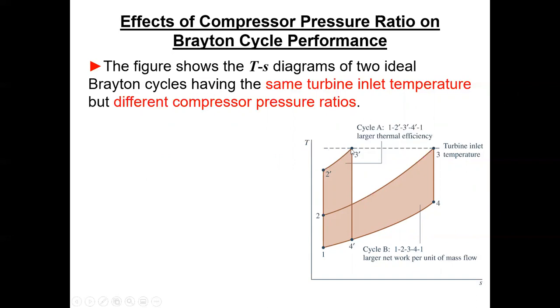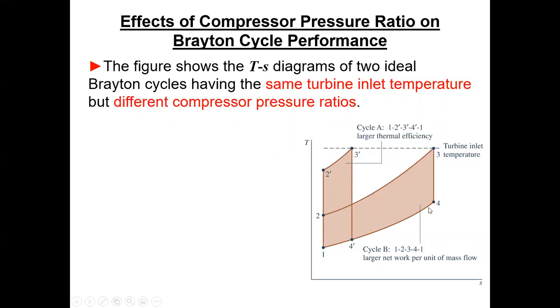Our max temperature is the same, but this is a high pressure line of constant pressure, and this is a lower one, my initial pressure that I'm starting at. So you can see this cycle has a much higher pressure ratio, and it has a significantly different shape than this one, which goes to the same temperature, but not nearly as high a pressure.